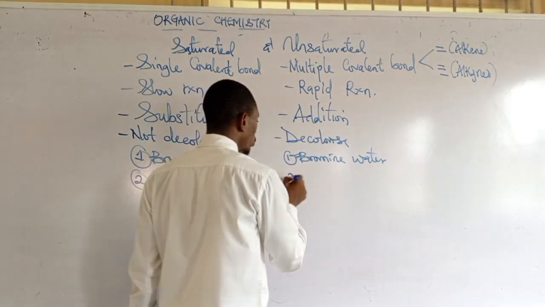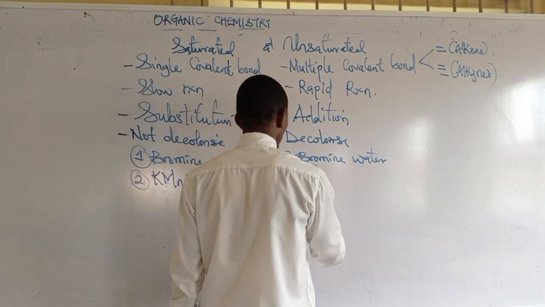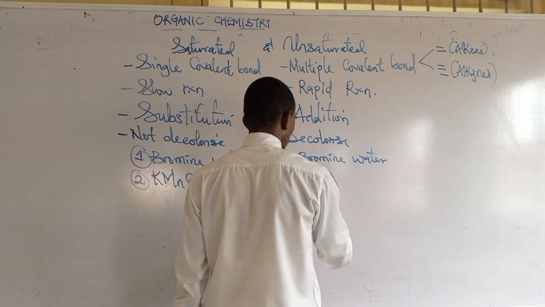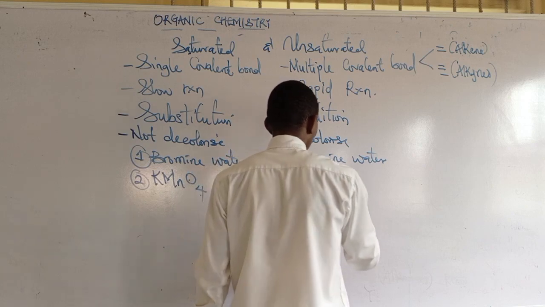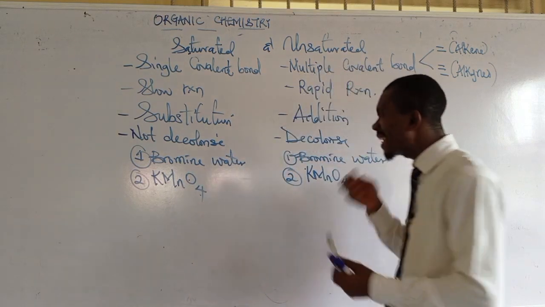But here, the unsaturated compounds do decolorize bromine water, and they do decolorize acidified KMnO4. So this is a clear difference.